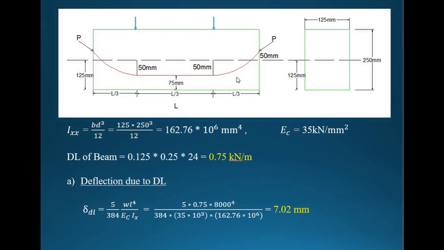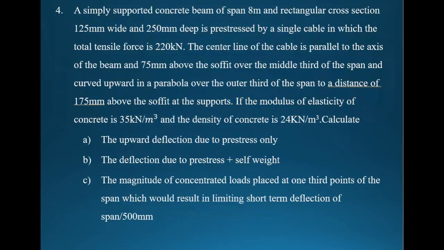And about the cable profile, the cable profile is like this, but you just go and check back here. You can see that the center line of the cable is parallel to the axis of the beam.